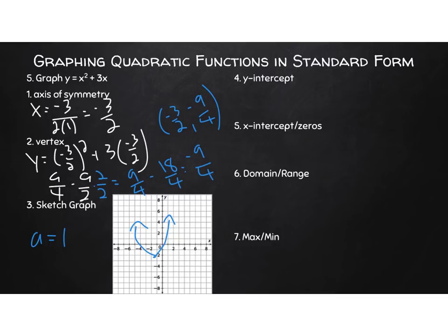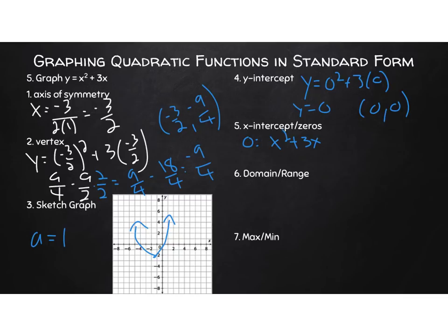Our y-intercept, so substitute 0 in for x. You get y equals 0 squared plus 3 times 0. So y equals 0. So then our y-intercept is going to be at 0, 0. Our x-intercepts, we go 0 for y. We get x squared plus 3x.